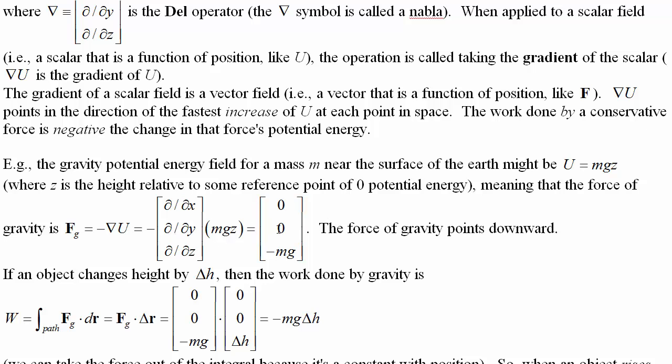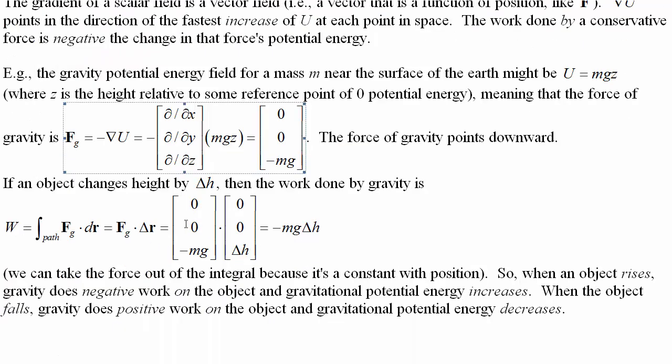Partial with respect to y, we get 0. Partial with respect to z, and then multiply by -1, we get negative mg. And sure enough, the force of gravity is negative mg in the z direction. And look at that, our formula worked. So we took the gradient of our potential energy function, and after we applied a negative sign, it gave us the force associated with that potential energy function.